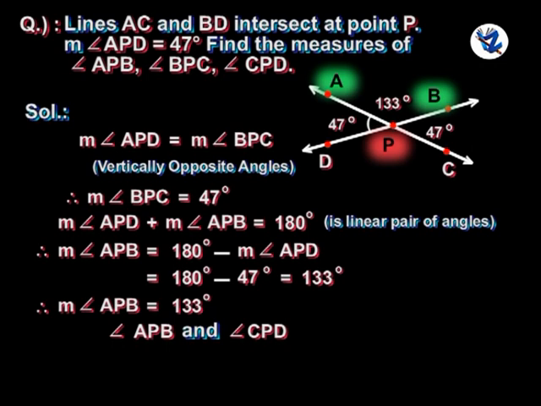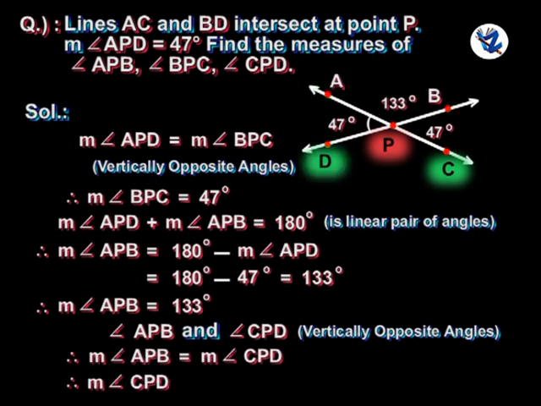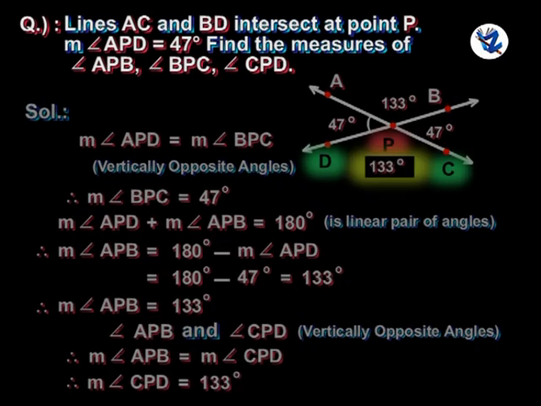Now, angle APB and angle CPD are vertically opposite angles and therefore they are of equal measure and therefore measure angle CPD is equal to 133 degrees.